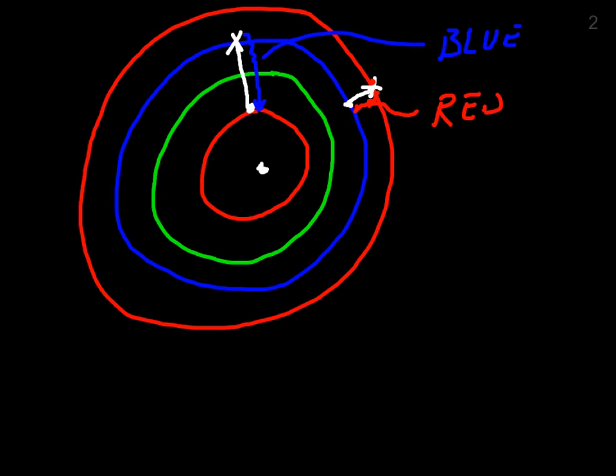And this is sort of what you would expect, because, like I said, the electrons that are situated closest to the nucleus have the highest attraction to the nucleus, so it's going to take more energy to excite them up to higher energy levels. When they fall back down, the energy that they're going to give off is going to be of higher energy, and blue light is higher energy.